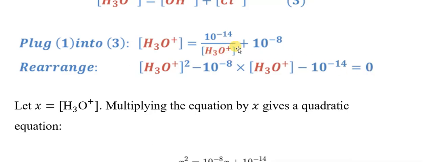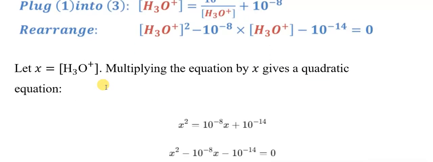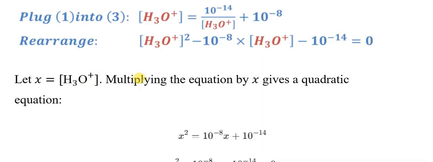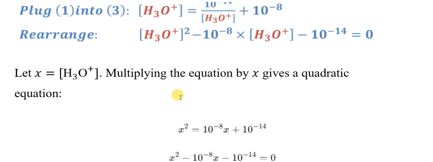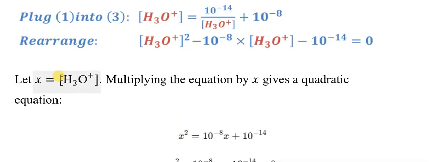Suppose X is equal to the hydronium ion concentration. If we put this X in the equation, it becomes X squared. Next, the hydronium ion becomes X multiplied by 10 to the power minus 8, plus 10 to the power minus 14.